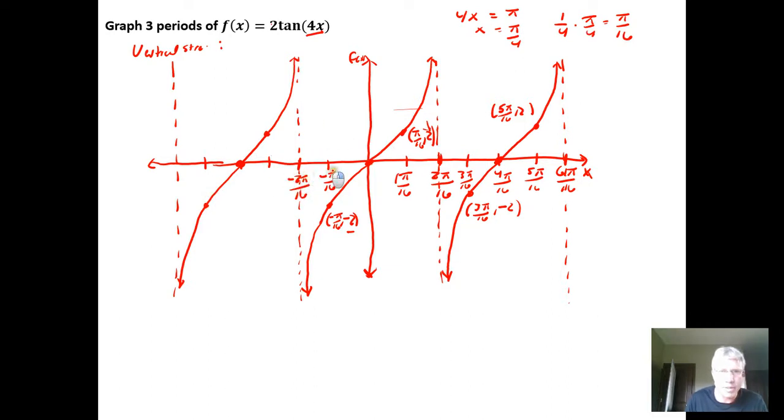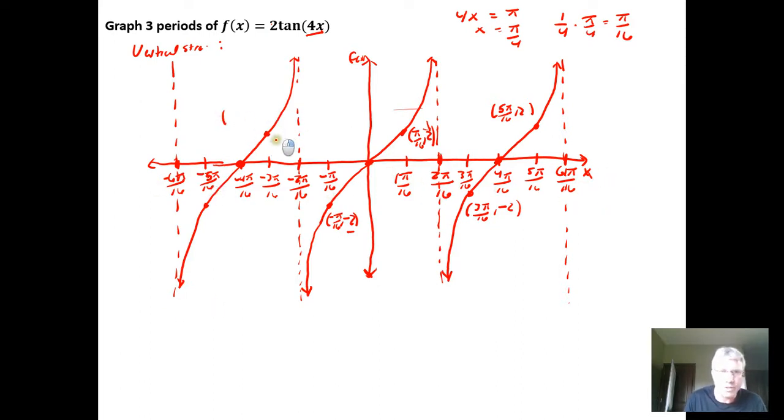Label in our tick marks: -1 pi, -2 pi, -3 pi over 16, -4 pi over 16, -5 pi over 16, and this last one, -6 pi over 16. And if you're one of those people that just has to have them reduced, go through and reduce the fractions when you're done.